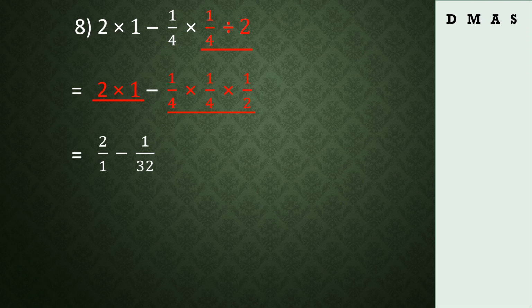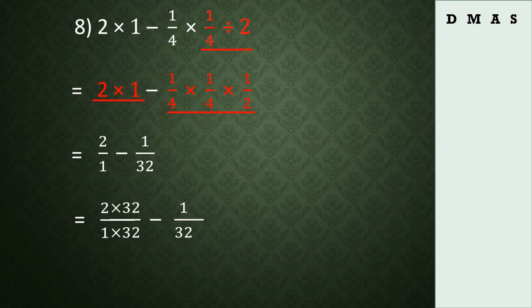Now tell me, in 2 upon 1, which digit will you multiply to bring 32 in the place of denominator? Yes, 32. So multiply numerator and denominator by the same number 32. Then write minus sign as it is. Now tell me, in 1 upon 32, which digit will you multiply to bring 32 in the place of denominator? Yes, 1.